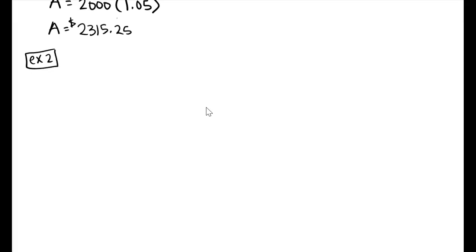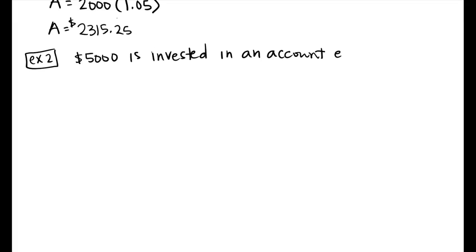So let's say this time $5,000 is invested in an account earning 6% interest compounded quarterly.